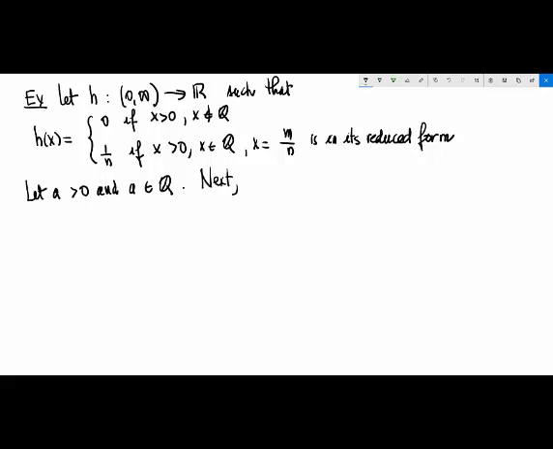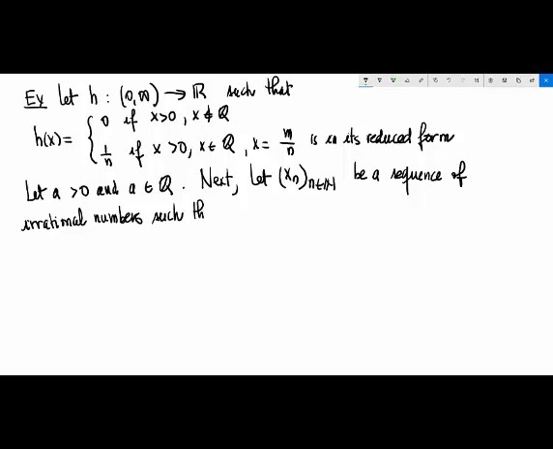Next, I will let xn be a sequence of irrational numbers such that the limit of xn as n is approaching infinity is equal to a.